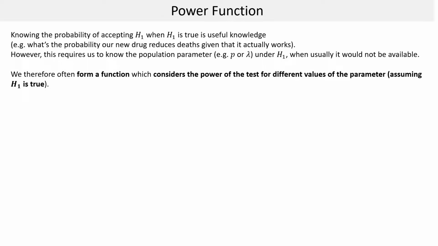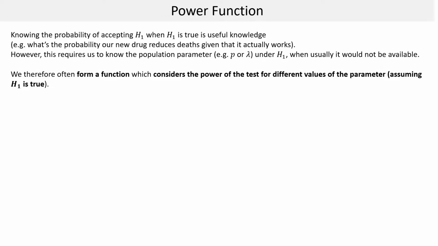We need to generate a function for the power, which we can then substitute different values of the parameter into. So this would be the power function, a function in general terms to represent the calculation for the critical region in a hypothesis test. I'll show you in an example.